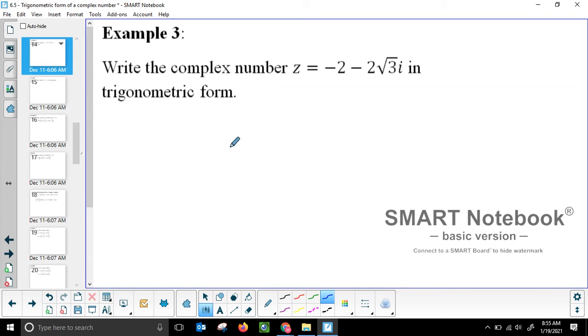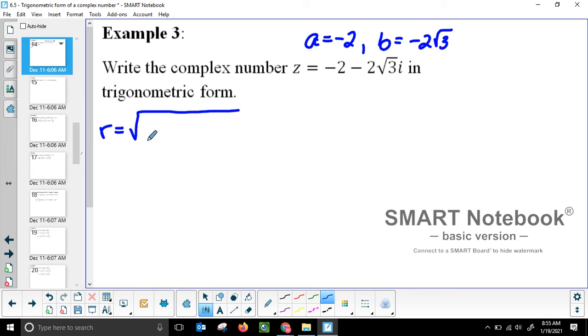Okay, so now we'll get to ones where our tangent will not be undefined. Here my a is -2, and b is -2 square roots of 3. Again, I'll find my r first, which is the square root of a squared plus b squared.